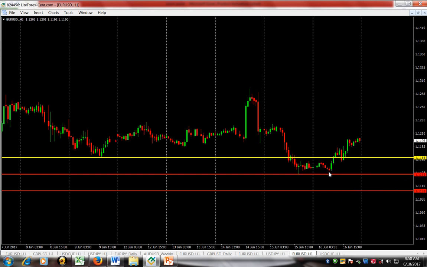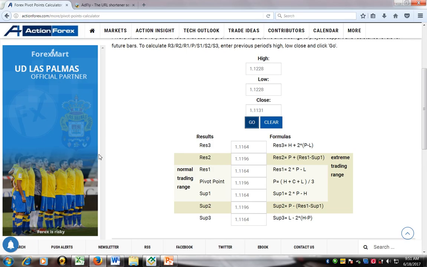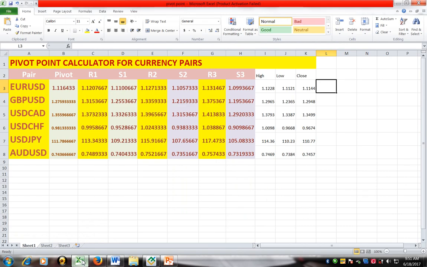Now the next thing is for me to buy, because the price has broken above the pivot point and started going up. So the next thing is to check the next resistance, which is R1, 1.1208.